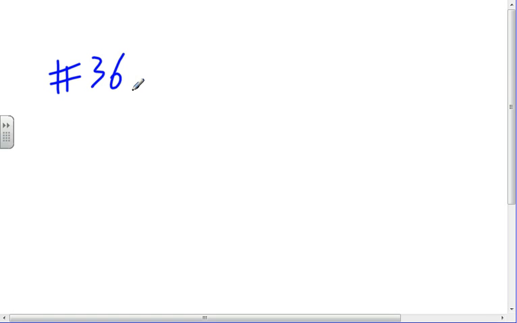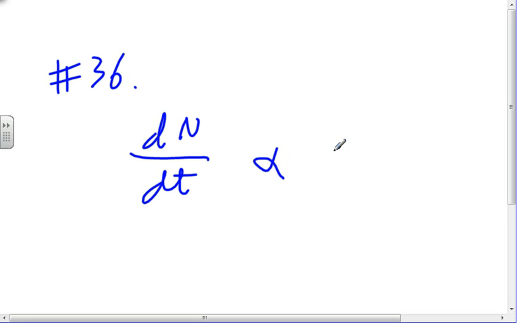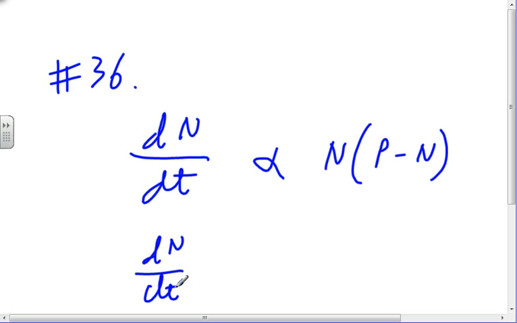The time rate of change, dN/dt, of the number infected is proportional to N times the number who do not have the disease, P minus N. So dN/dt is equal to K, some constant of proportionality, times N times P minus N, and I'm done.